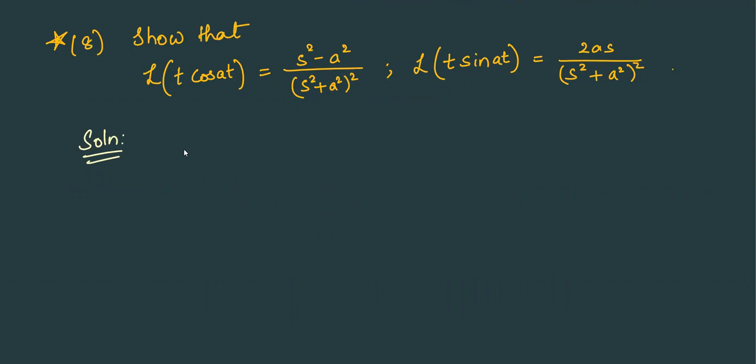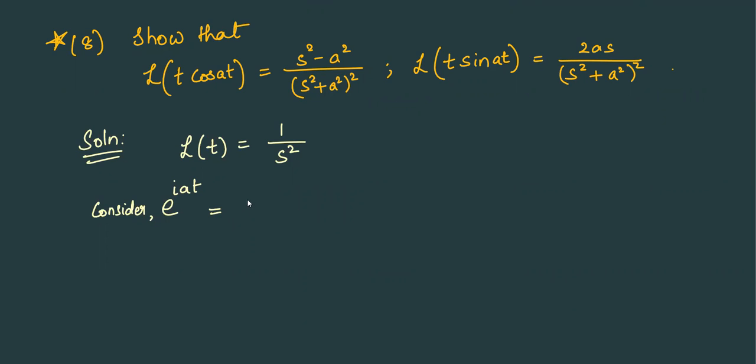How to do? So first find for t: the Laplace transform of t is 1 factorial by s power 1 plus 1, that is 1 by s square. Now consider e power i a t, complex.